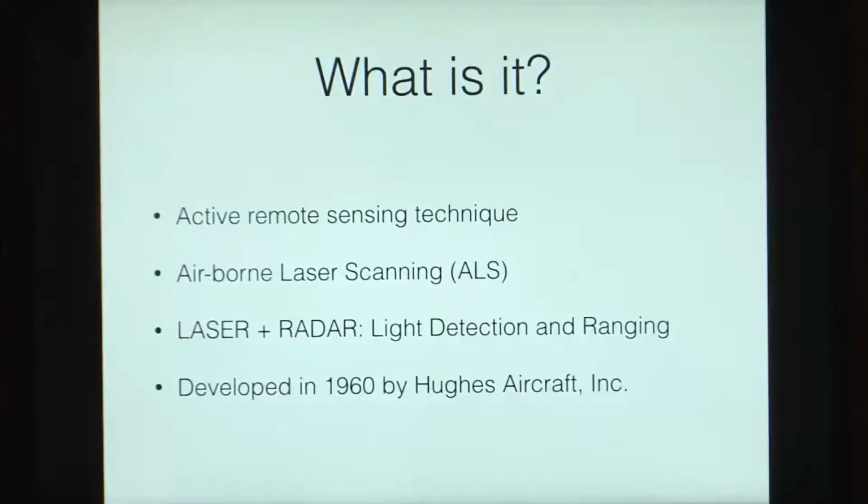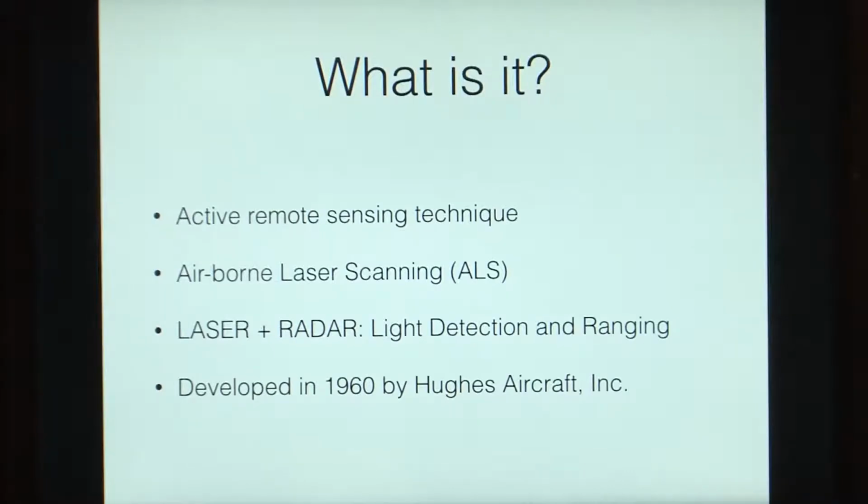Now coming to the slides again, it is a technique of airborne laser scanning. So it uses laser, it scans things using the laser's energy. It can be used in an airborne fashion.